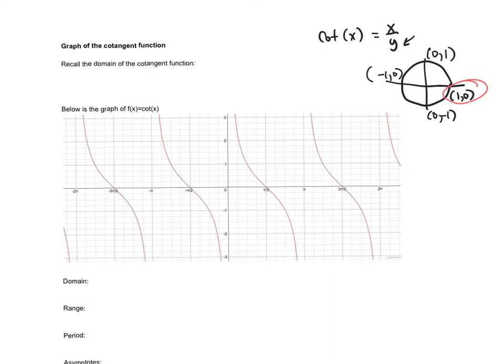At this point 0, this point pi, and this point 2 pi again, we have zeros. So we have domain restrictions. In this case, the domain is all real numbers, x not equal to k pi, because it's in increments of pi, where k is an integer.